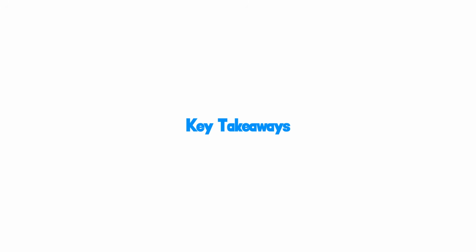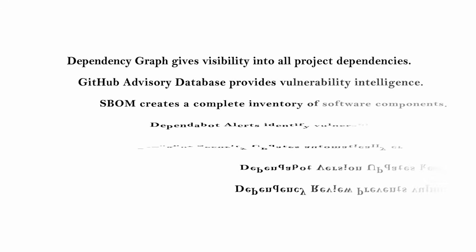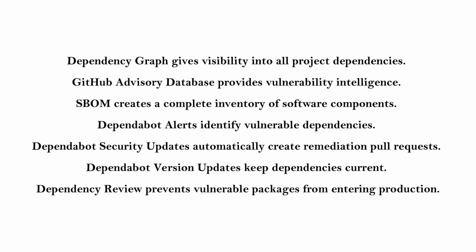Key takeaways. Let's summarize what we've learned. GitHub provides several powerful tools for dependency management and software supply chain security. Dependency Graph gives visibility into all project dependencies. GitHub Advisory Database provides vulnerability intelligence. SBOM creates a complete inventory of software components. Dependabot alerts identify vulnerable dependencies.